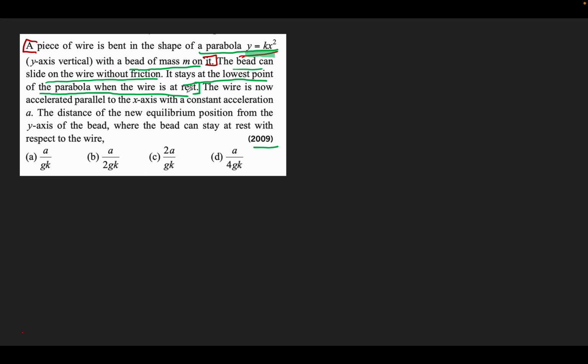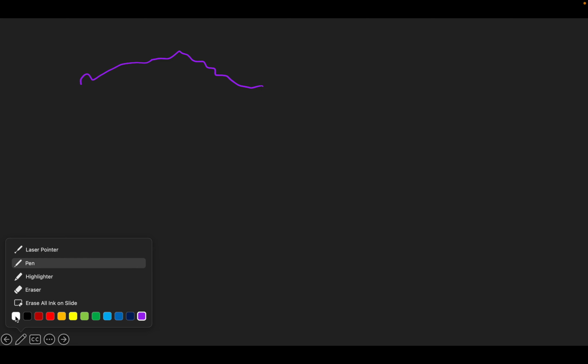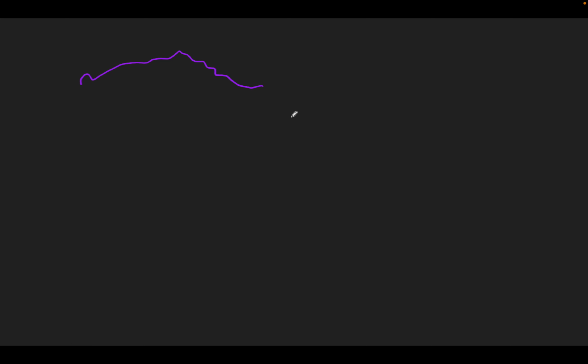Let's first put it into a picture till this. Okay, so what we have is a piece of wire. Let this be the wire, and this wire is bent in the form of a parabola.